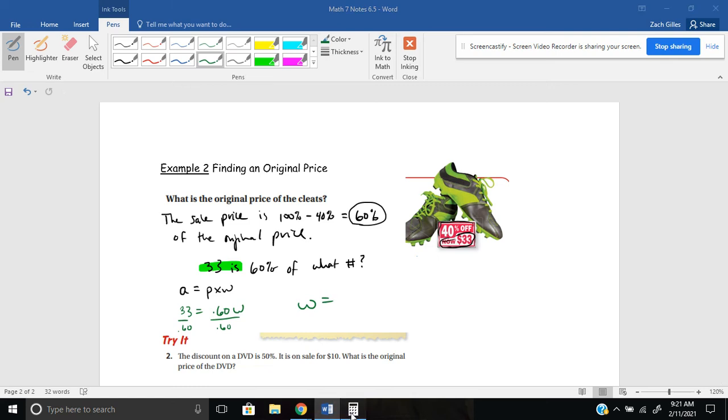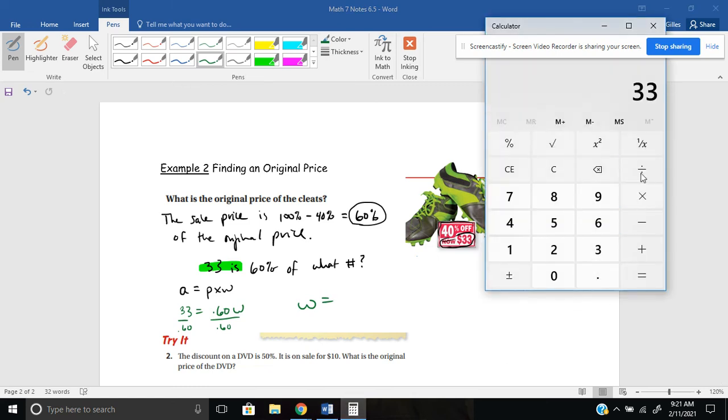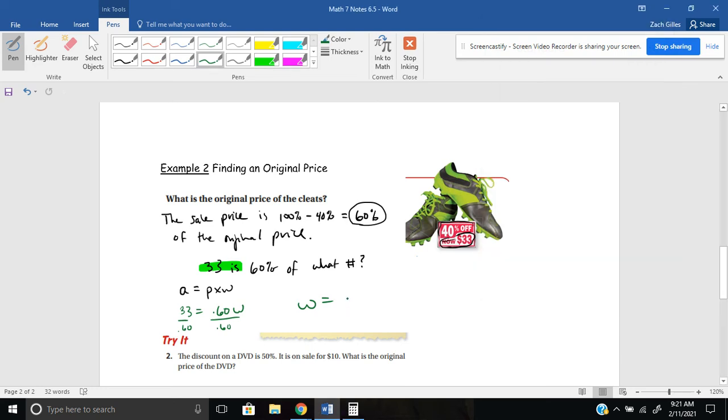Let's do that here together. 33 divided by 0.60, 6/10 or 60/100, gives me $55. So the original price was $55. We got it for 40% off.